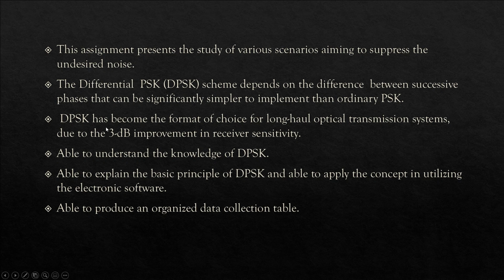DPSK has become the format of choice for long-haul optical transmission systems due to the 3 dB improvement in receiver sensitivity. We were able to understand the knowledge of DPSK, able to explain the basic principle of DPSK, able to apply the concept in utilizing electronic software, and lastly, able to produce and organize a data collection table. Okay, that's all from us. Thank you.